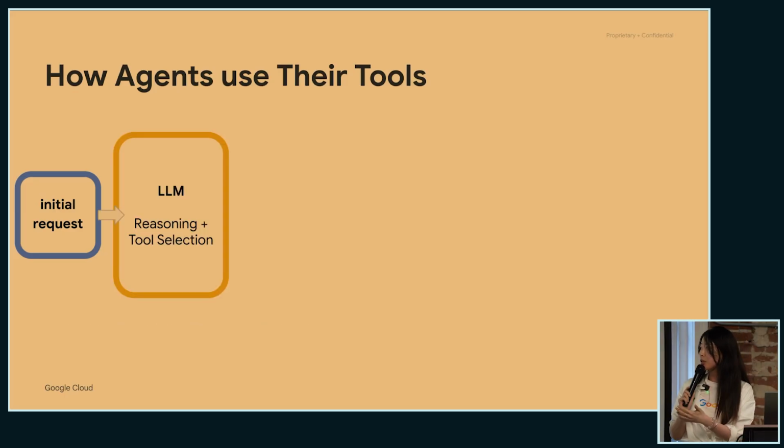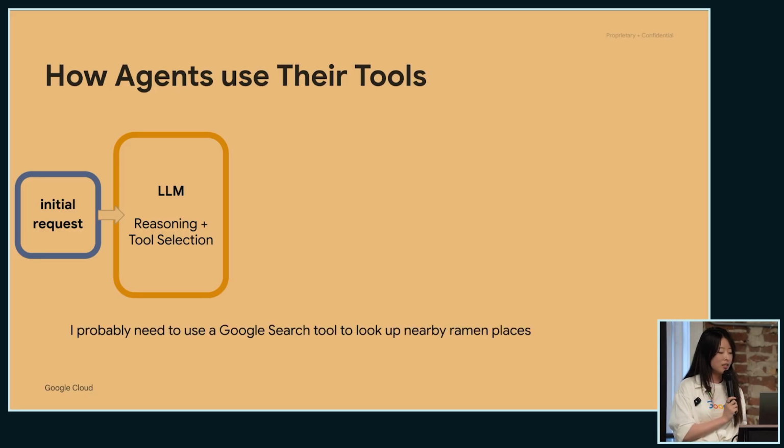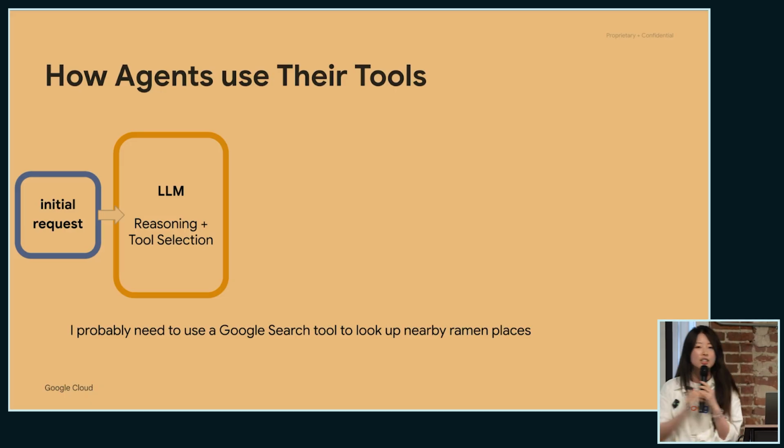That's the initial request. Then you send it to the LLM, it does the reasoning and thinks about which tool to use to solve the problem. It says, okay, I'll probably use the MCP Google search tool. If you connect to an MCP server, it will load all the tools available to you, and the LLM will reason to choose the tool through the MCP server.